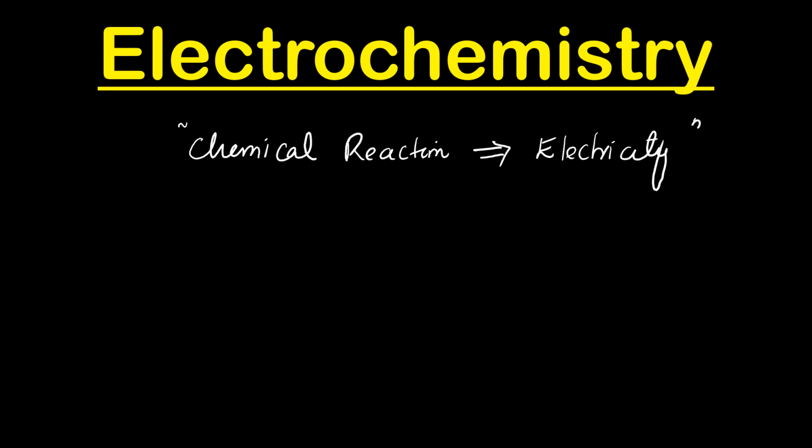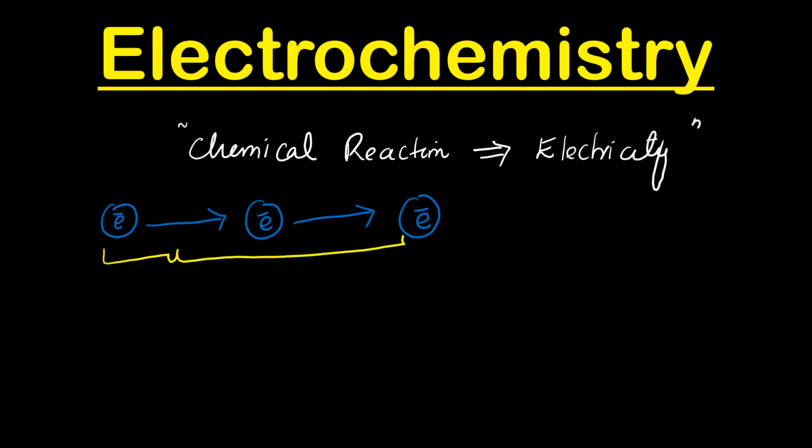Electricity is a flow of electrical charges, or a flow of electrons along a specific direction. When electrons flow from one point to another point, they generate an electric current, and the flow of electric current is known as electricity.